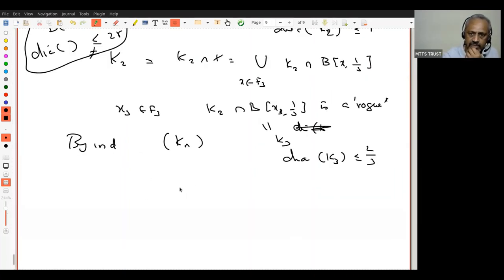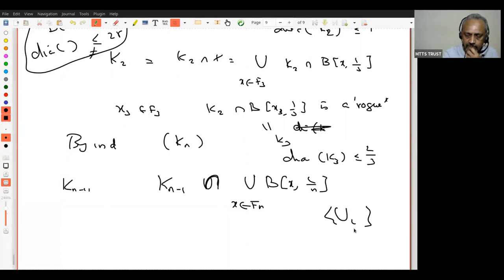Anyway, you follow that. So by induction, I do that. How do I do that? I look at Kn minus 1 and I intersect this with the union of Bx 1 by n, where x varies over Fn. This is my Kn minus 1. Now Ui is an open cover for this. So this is equal to the union over x in Fn of Kn minus 1 intersection B of x 1 by n.